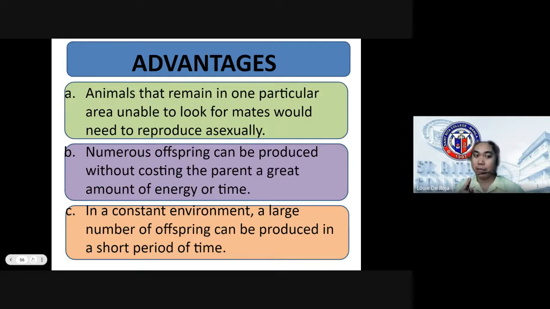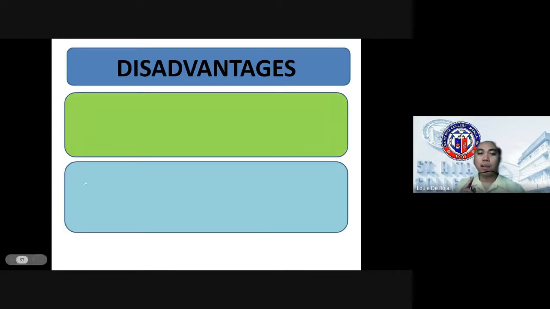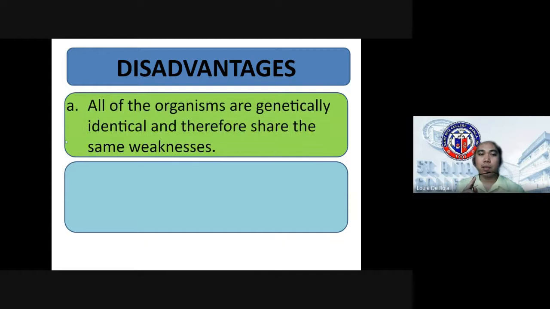Ang disadvantage naman po, mga guys, all the organisms are genetically identical and therefore share the same weaknesses. Kung ano yung namana niya sa parents, yun din yun. Identical sila. Walang pagbabago. Dumami lang siya. Yung genetic material ay iisa lang.